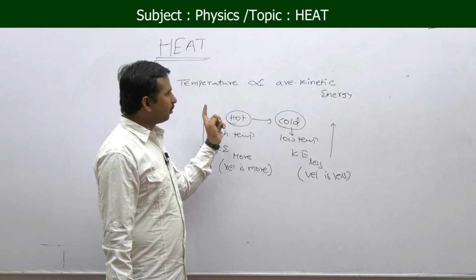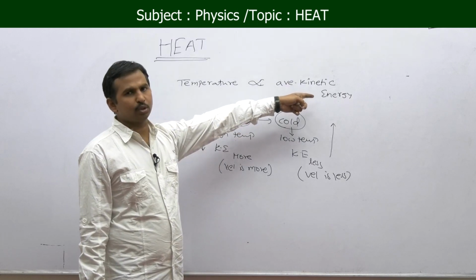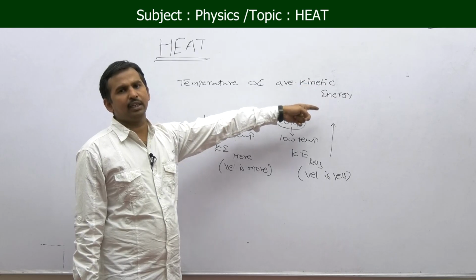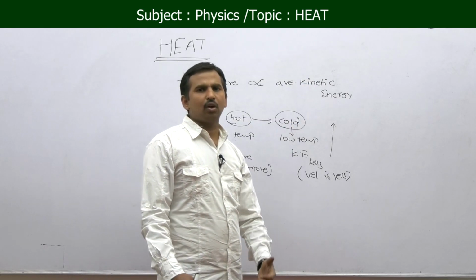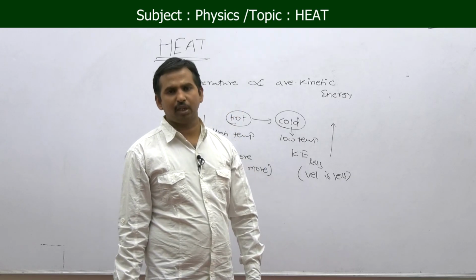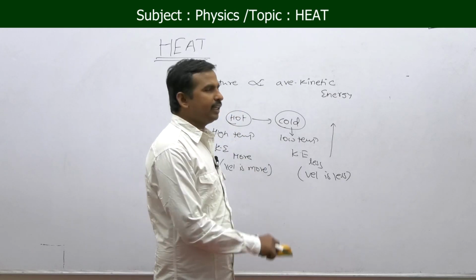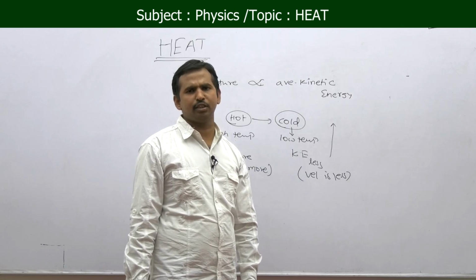So the temperature of a body is directly proportional to the average kinetic energy. All bodies do not have the same temperature, because it depends on the average kinetic energy present inside.